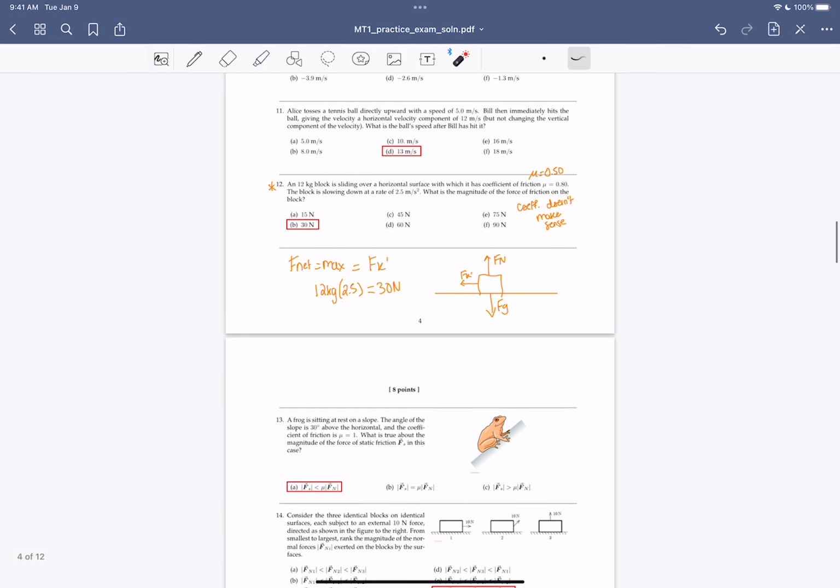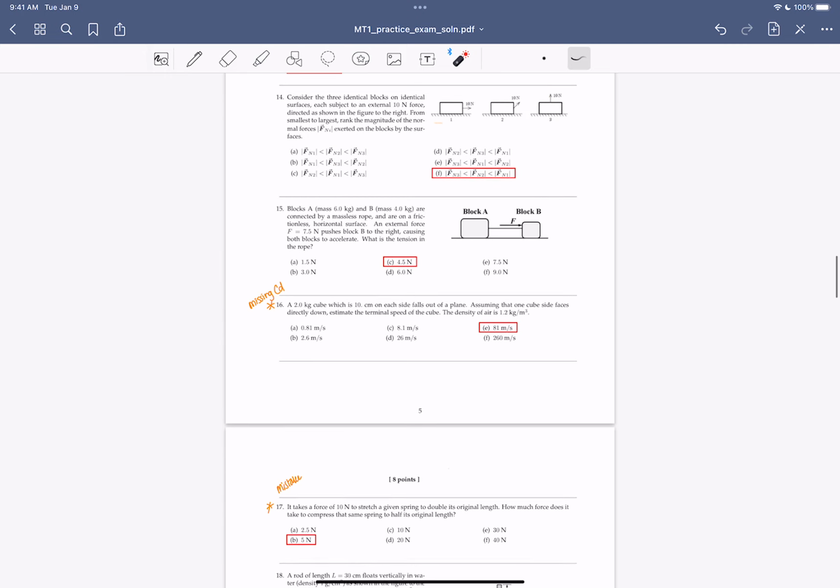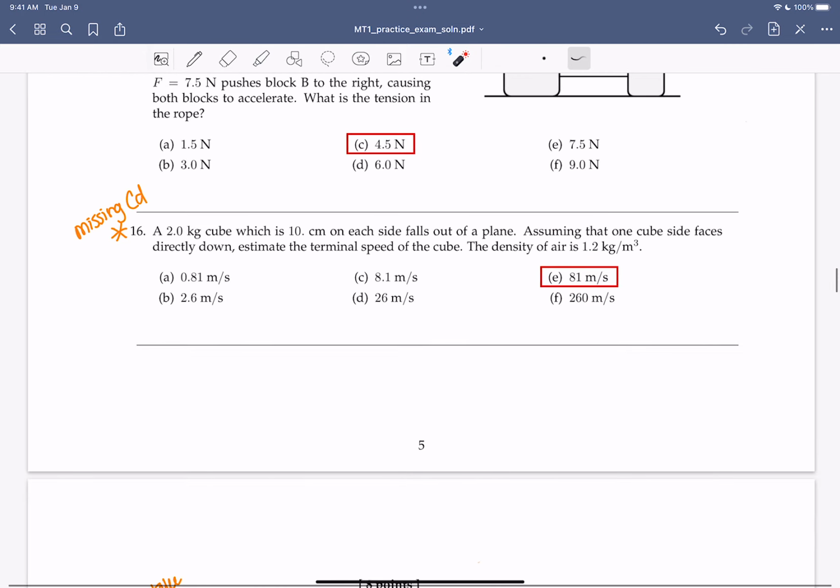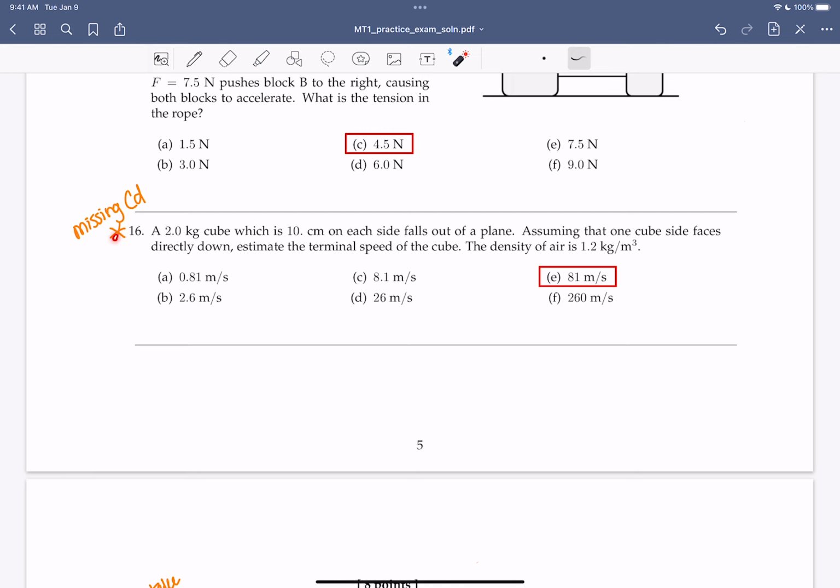Yes, okay. Other than that, here's the one I was talking about where there's a missing drag coefficient. Is this the same problem that you have for 16? It's a 2 kilogram cube, 10 centimeters on each side, that falls out of a plane.